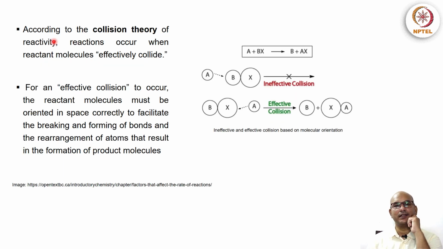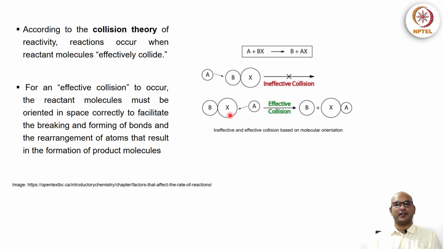So in summary, in collision theory of reactivity, reactions will occur when the reactant molecules effectively collide, not just collide, but effectively collide. And also, for an effective collision to occur, the reactant molecules must be oriented in space correctly. For example, in general terms, if A plus BX gives B plus AX, A has to collide with X. If A is colliding with B, like our OH was colliding with bromine, it's no use.